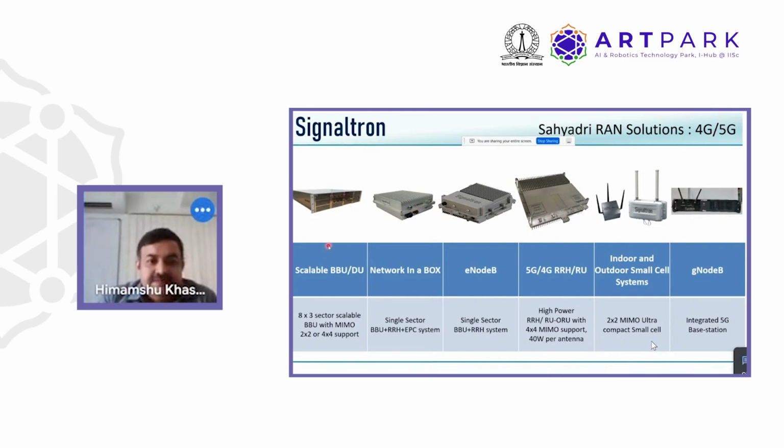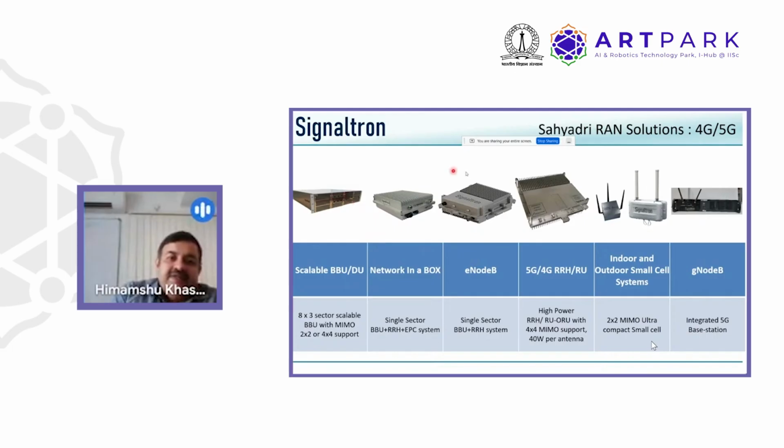So we have a scalable BBU DU, which does both 4G baseband as well as 5G DU in a single box. And this box is catered towards macro deployments, where you can insert a few cards into these, and each card can do 3 sectors of deployment for 4G and a little lesser for 5G. But the entire box itself can do multiple cells of 4G or 5G, the baseband portion.